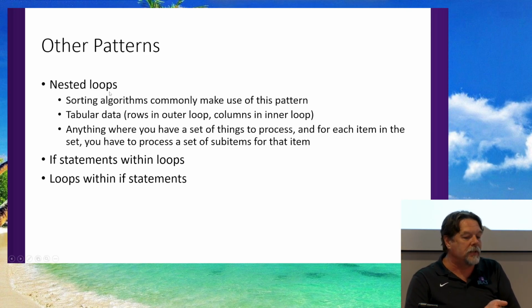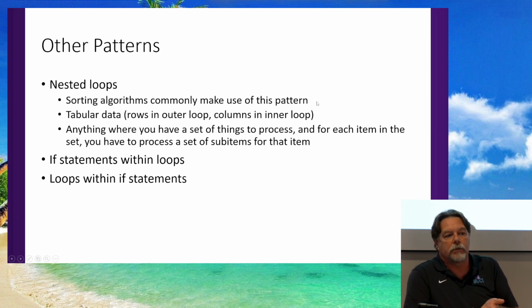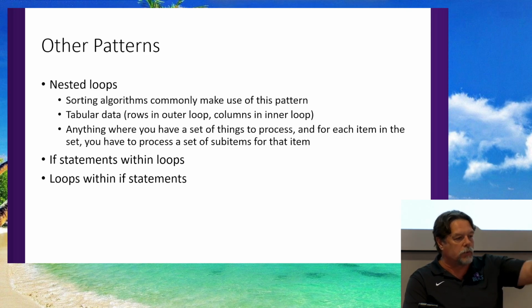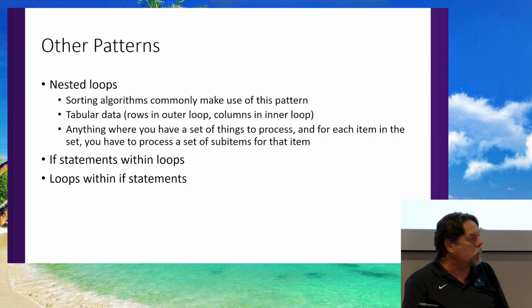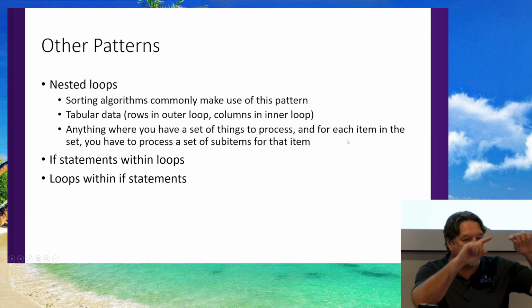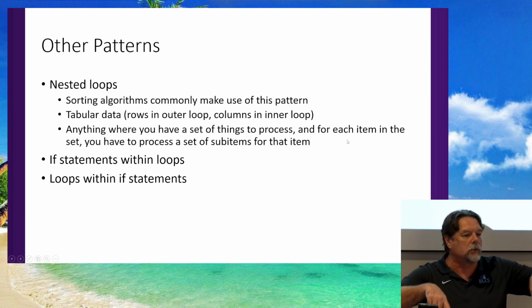Where you'll commonly see nested loops is sorting algorithms. Like if you Google a bubble sort in Java, it's a nested loop. For i equals 1 to number of rows, for j equals 1 to i minus 1 or whatever. But it's nested loops. If I'm dealing with tabular data, like if I say, hey, print in rows and columns the multiplication table.